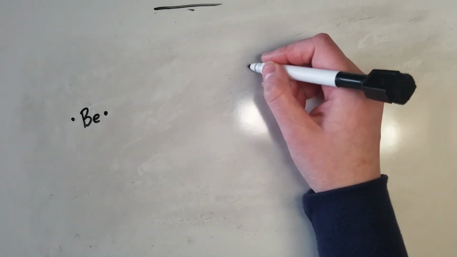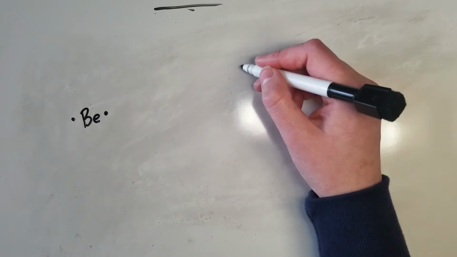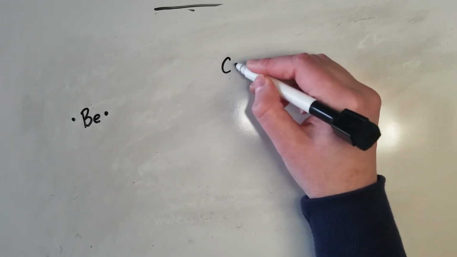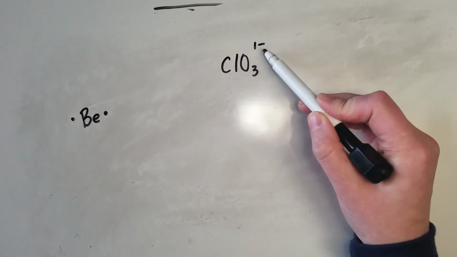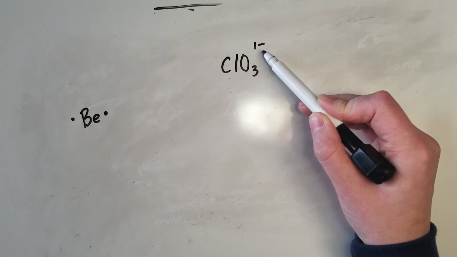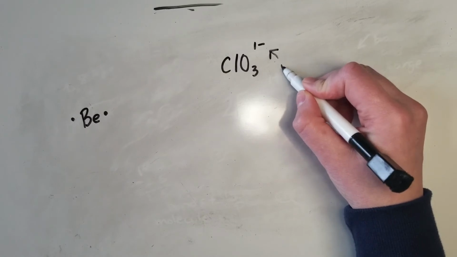When you're drawing out a polyatomic ion, the one main thing that you need to remember is that because this is in the context of an ionic compound, when we have chlorate, which is ClO3 1-, that 1- is the electron that this chlorate eventually gains.